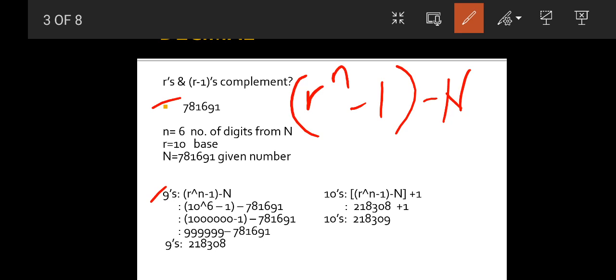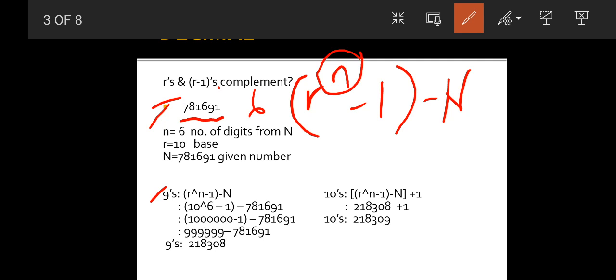So your given value is 781691. The small n will serve as the number of digits from your big N. If you count the number of digits in your given value, from 7 to 1, there are 6 digits.